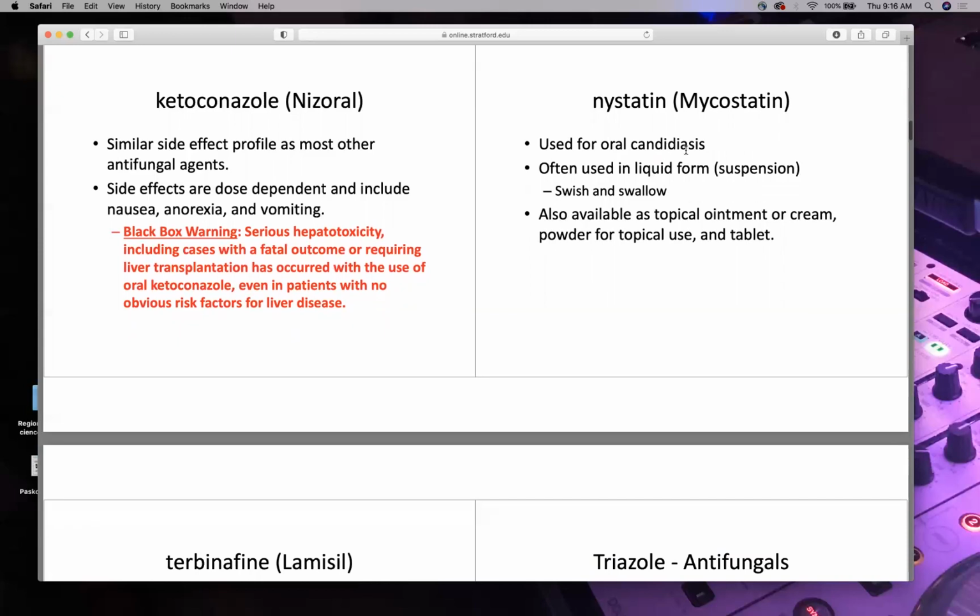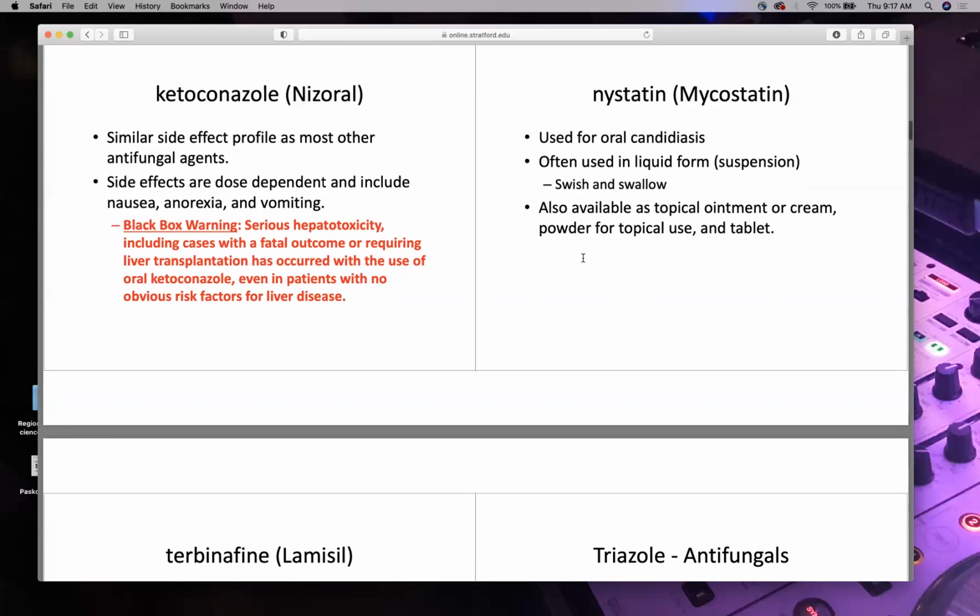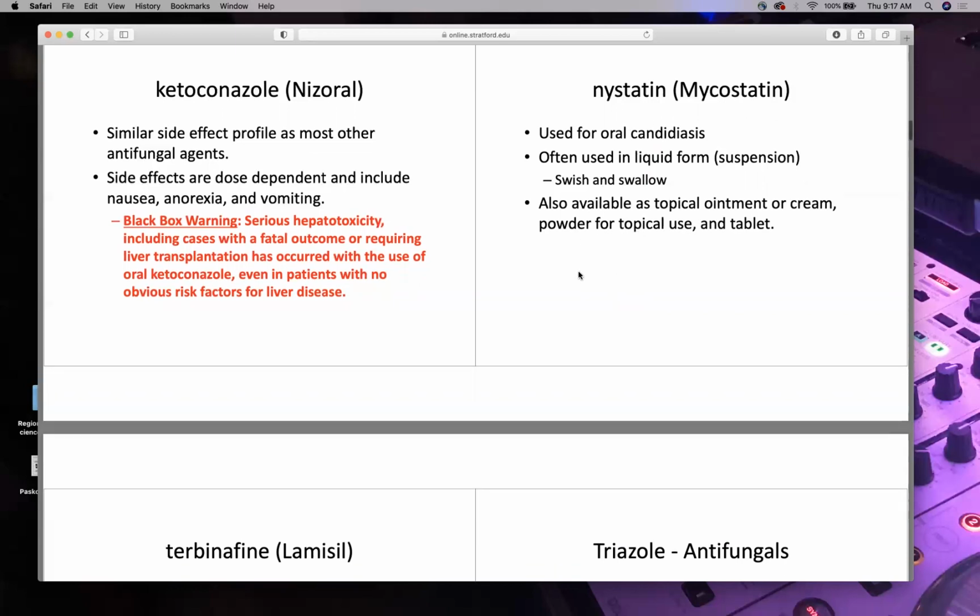You get Candida albicans, and you'll see it. A lot of patients who take those inhaler medications get oral candidiasis, and they have to swish and swallow. They have to kind of gargle nystatin to deal with that. And it also can come in a topical.